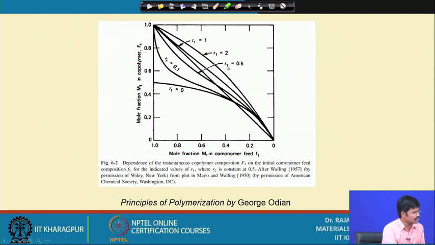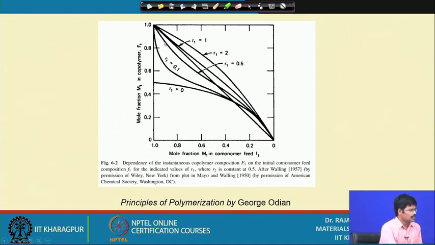Remember, the linear graph joining 0 and 1 indicates capital F1 equals small f1, so whatever points are there, the composition of the copolymer is equal to the composition of the comonomer. When r1 has gone below 1, remember r2 is constant at 0.5, so if r1 keeps decreasing, this multiplication is becoming closer and closer to 0.